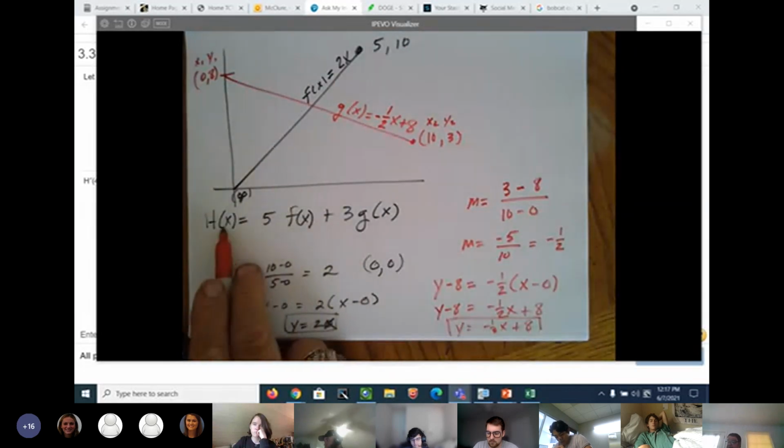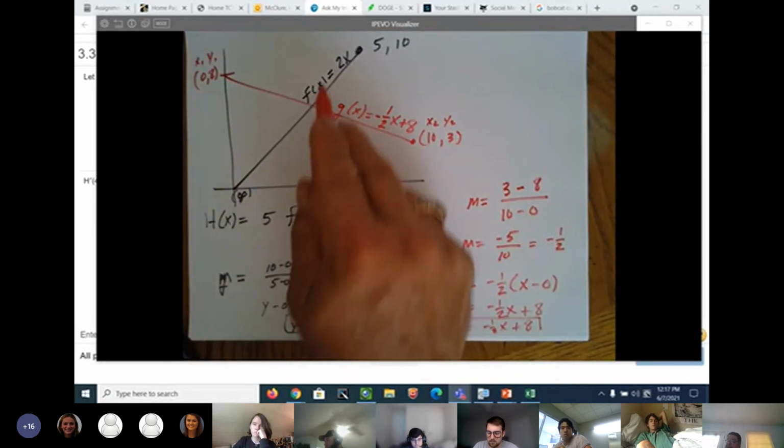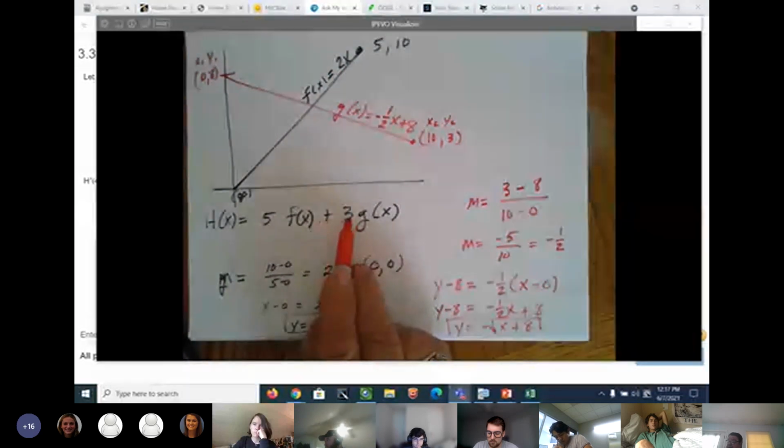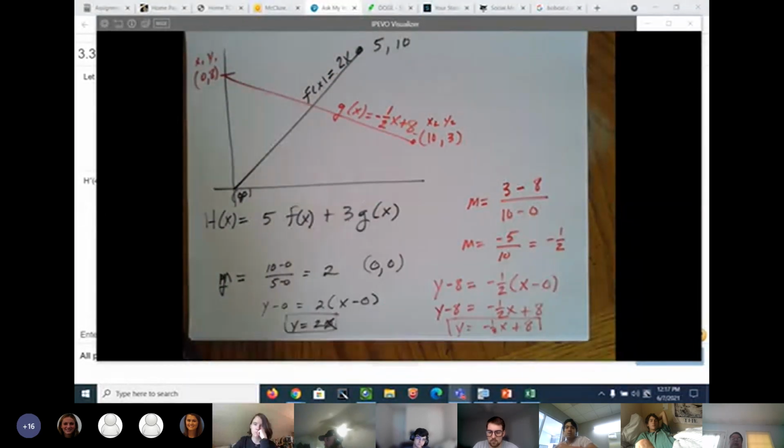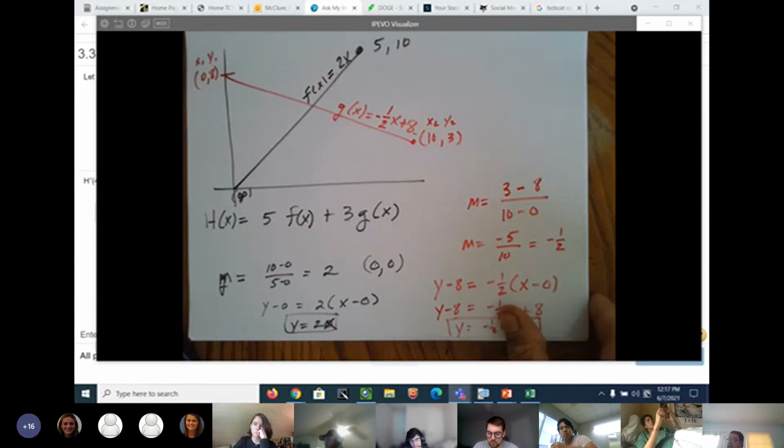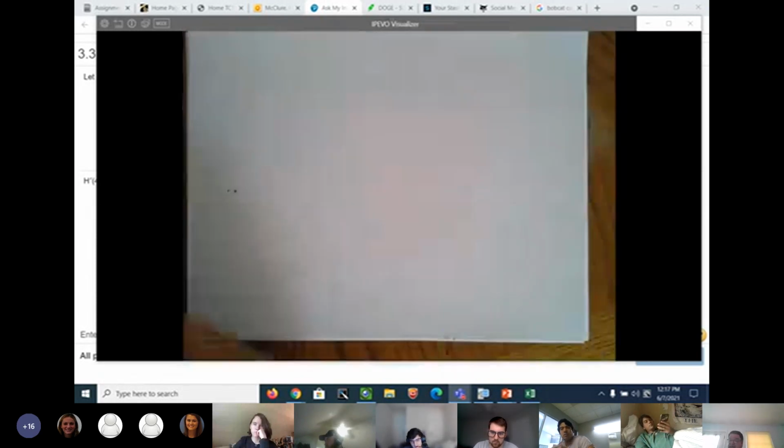So now they said h of x is equal to 5 times this plus 3 times this. Now again, I haven't seen this problem before, so I'm guessing that I'm doing it correctly.